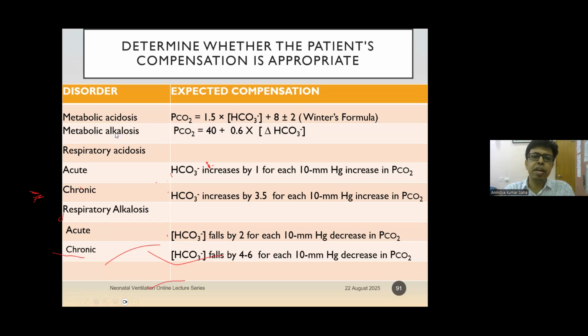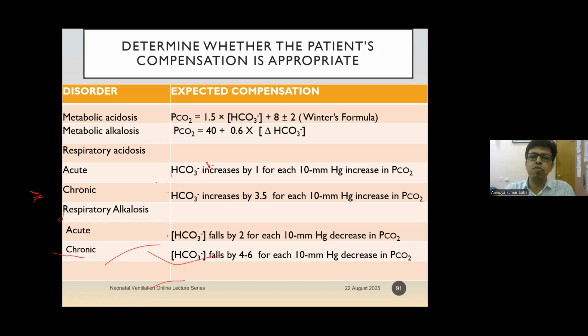Again, in metabolic alkalosis, here the delta sign means the difference of bicarbonate. Here we are seeing the difference of the bicarbonate level from the value of 24, whether it is above or below 24.